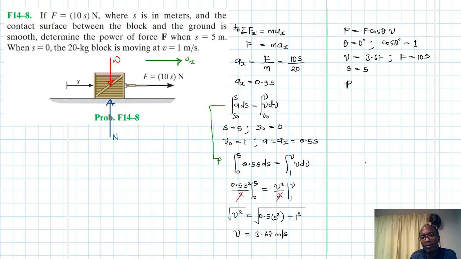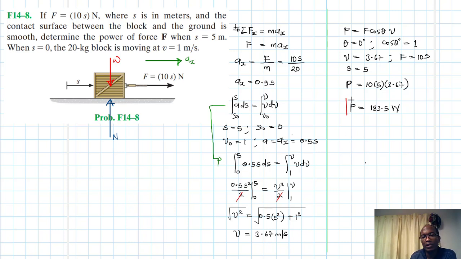Therefore our power is just going to be equal to 10 times 5 times 3.67, and this gives us 183.5 watts.